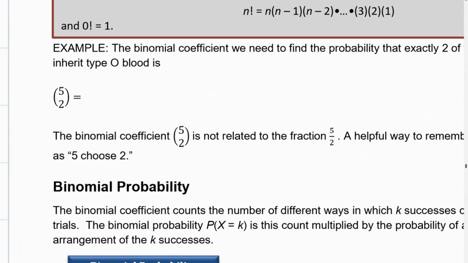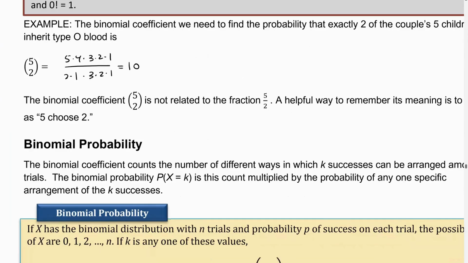So as we said before, 5 choose 2 is 5 times 4 times 3 times 2 times 1 over this. And as we saw before, that reduces down to 10. And again, we pronounce that 5 choose 2.